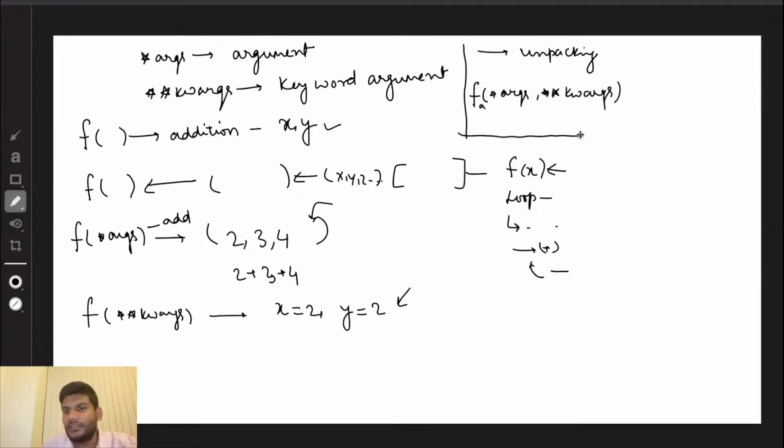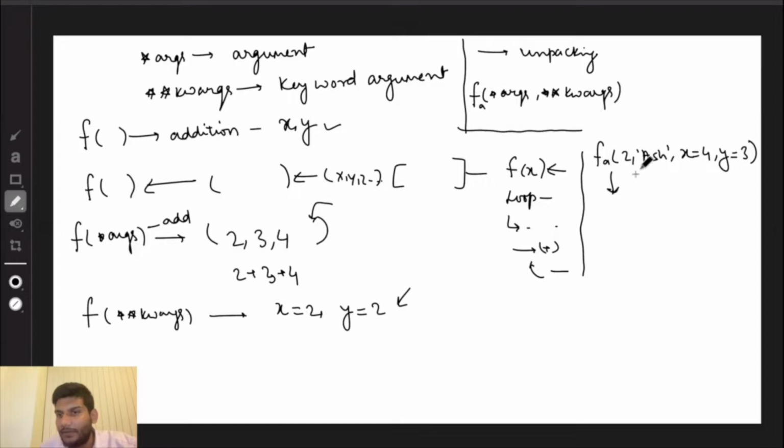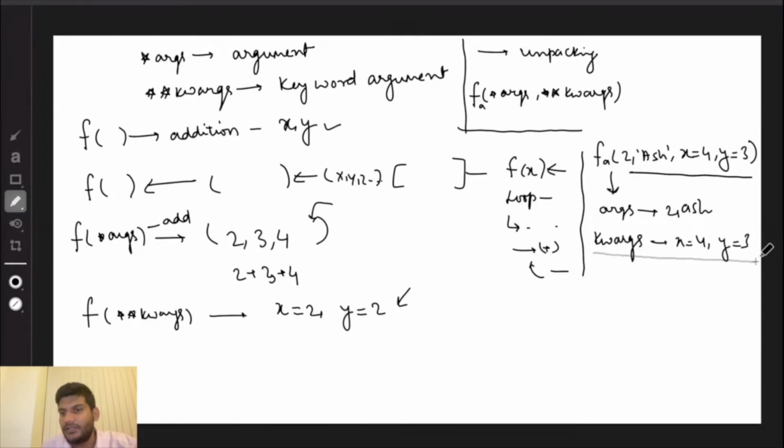During the runtime, suppose I call fa with 2 comma hash comma x is equal to 4 and y is equal to 3. It will automatically unpack these variables as args and kwargs: args will be 2 comma hash, and kwargs will be x is equal to 4 and y is equal to 3. So kwargs will be the key-value pairs and args will be the single arguments.